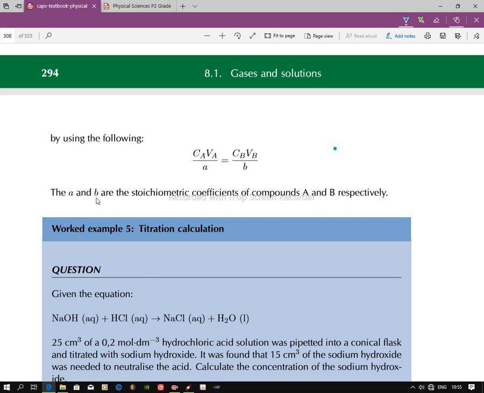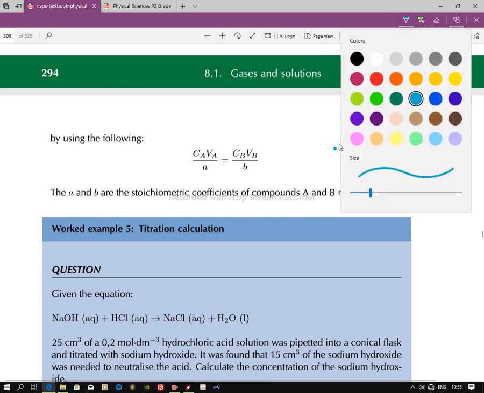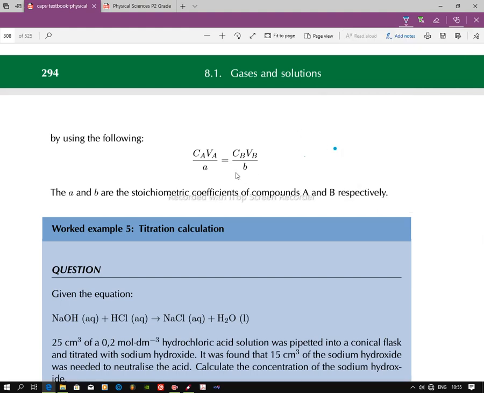The a and b are the stoichiometric coefficients of compound A and B respectively. So we already know that, I believe so. You understand? This is just as for that previous equation there.